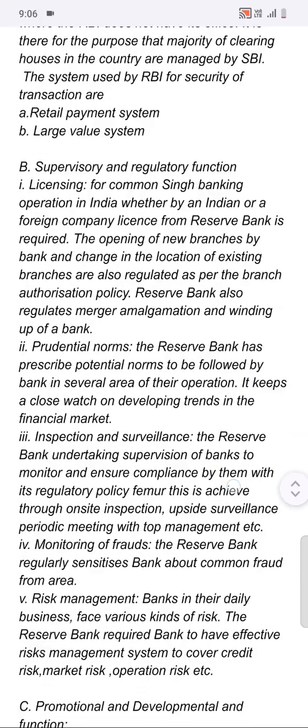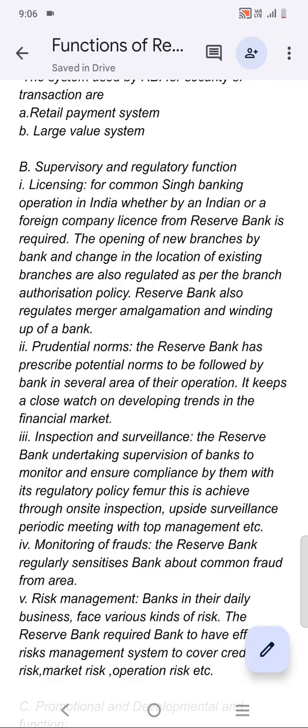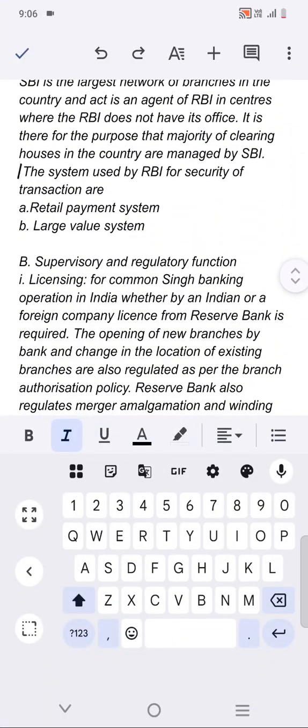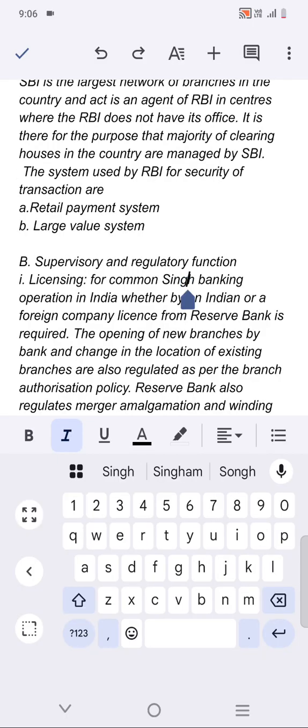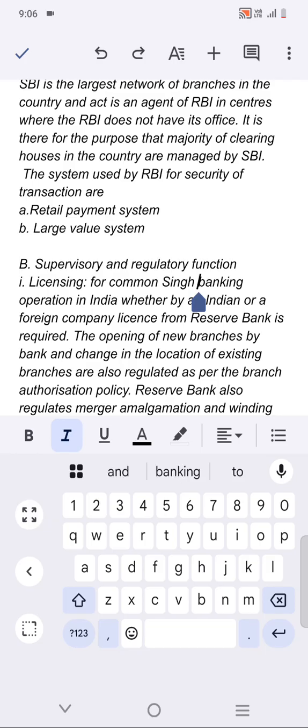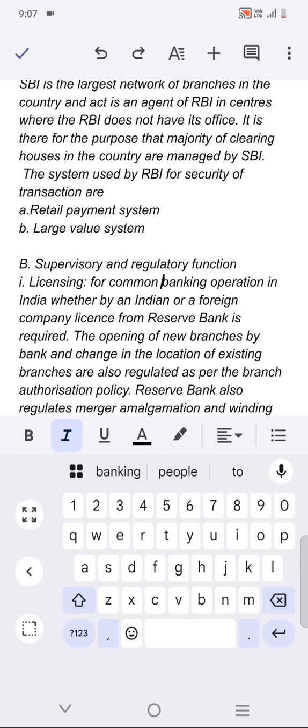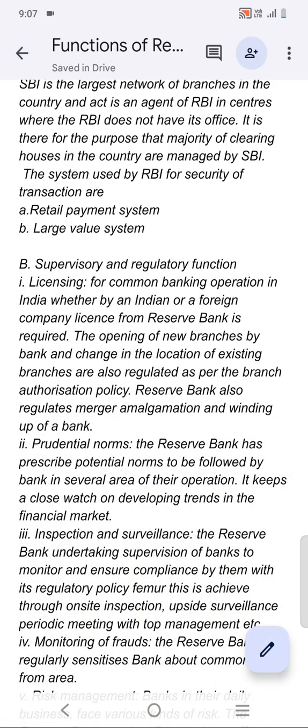Now moving towards supervisory and regulatory function. First one is licensing. For common banking operation in India, whether by an Indian or foreign company, a license from the Reserve Bank is required.